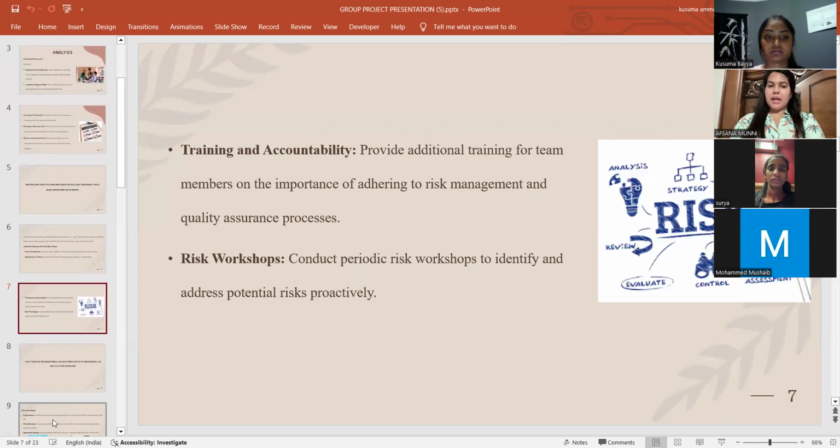Also, training and accountability: provide additional training for team members on the importance of adhering to risk management and quality assurance processes. Also, risk workshops: conduct periodic risk workshops to identify and address potential risks proactively.